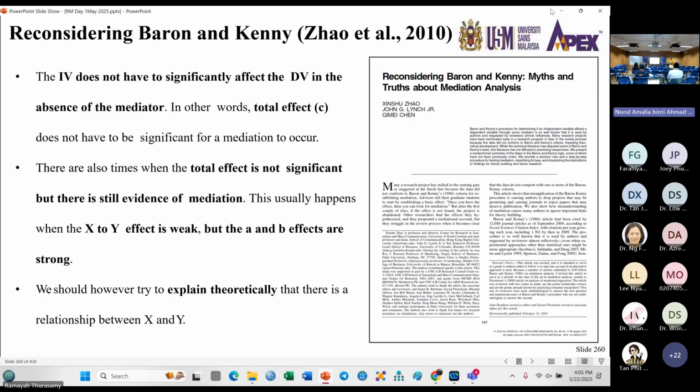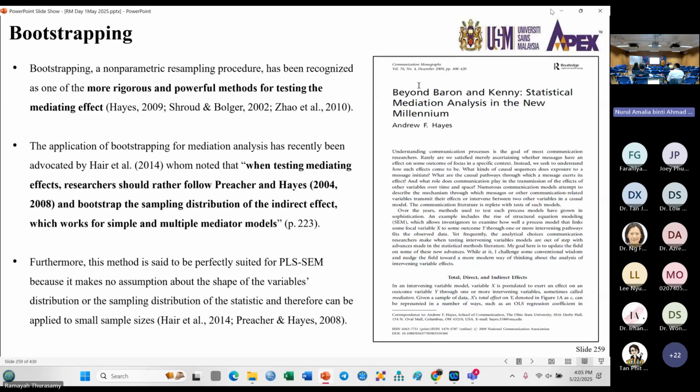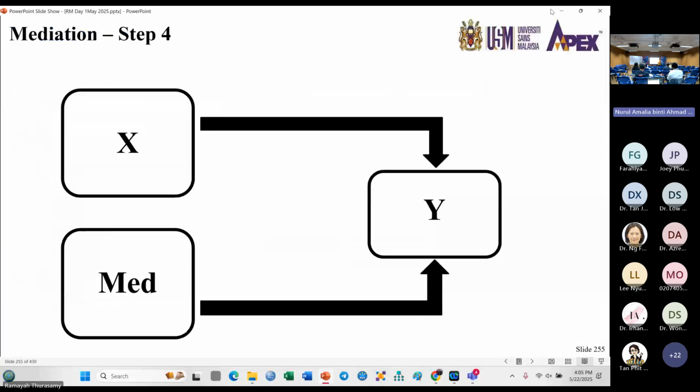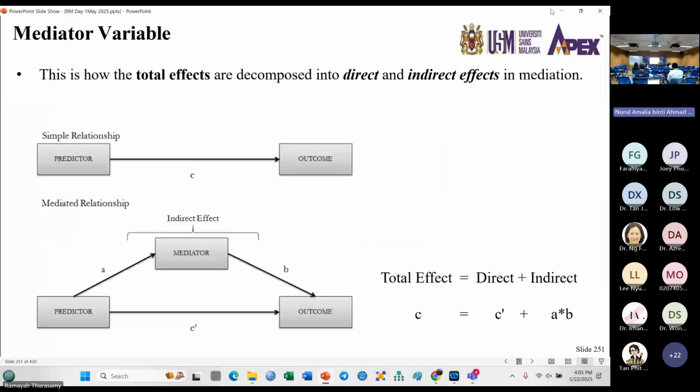How do we test? In fact, the software will give you the result when you run the models. Which software do I need to use? In SPSS you can do it, but you need an add-on called PROCESS. But you can use it in structural equation modeling, any software.